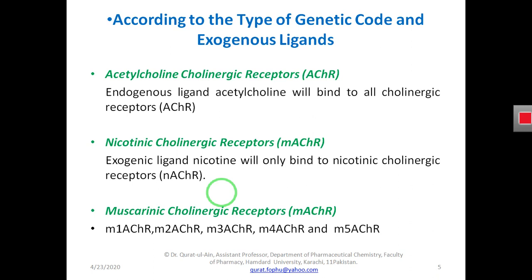Or a receptor may bind with muscarine; on this basis we call it the muscarinic cholinergic receptor. The muscarinic cholinergic receptor is further divided into five main types. On the basis of the endogenous ligand, if acetylcholine binds with the cholinergic receptor, we term this receptor the acetylcholine cholinergic receptor.